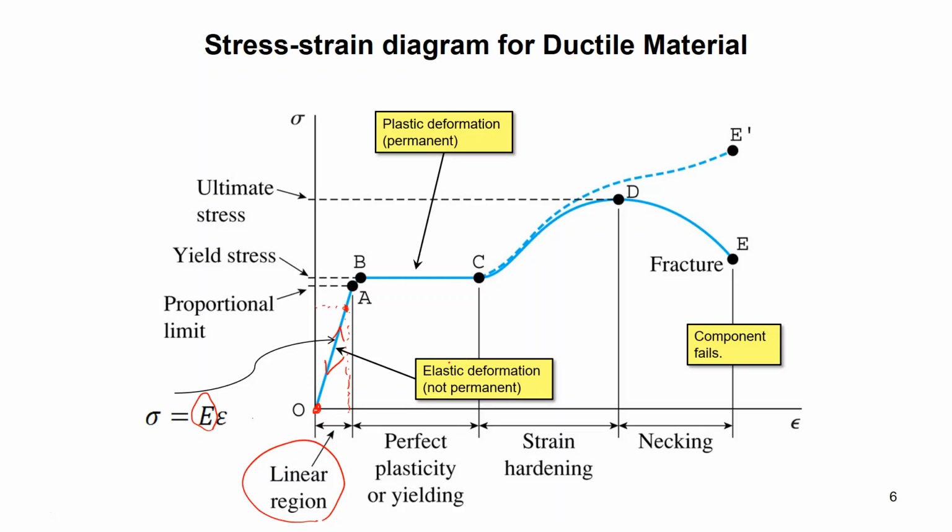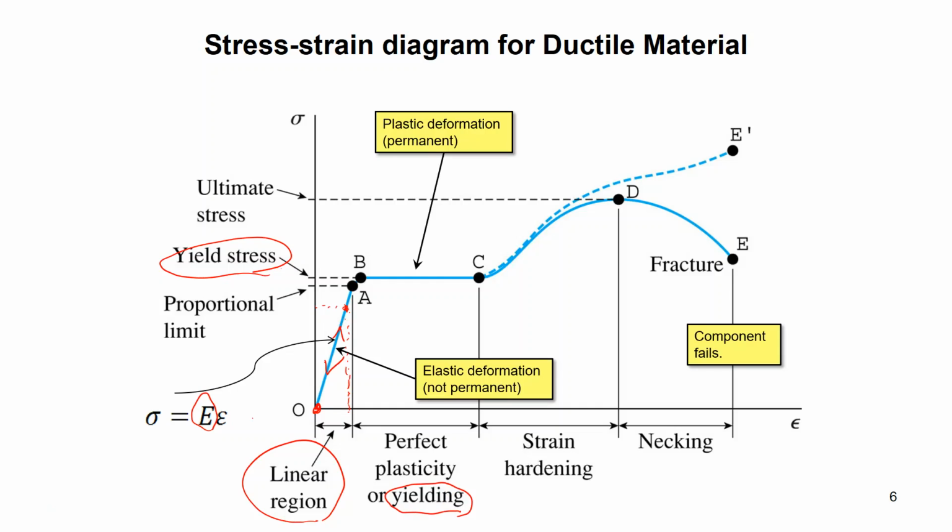But after this region ends, after your stress passes some limit, which we call the yield stress, and that's another very important property of any material, the material would act differently. First, in this BC region, without me increasing the force too much, you see I can get a lot of elongation. So here the material yields.